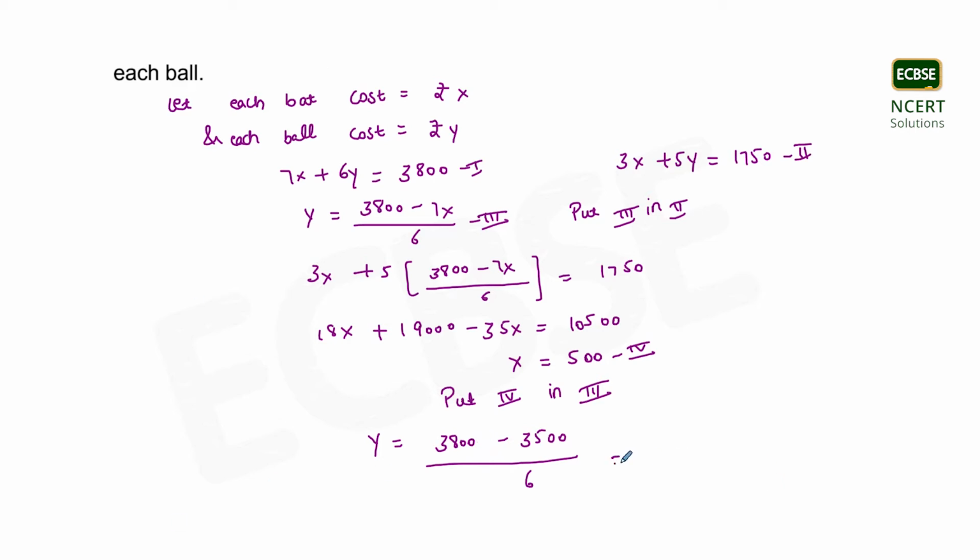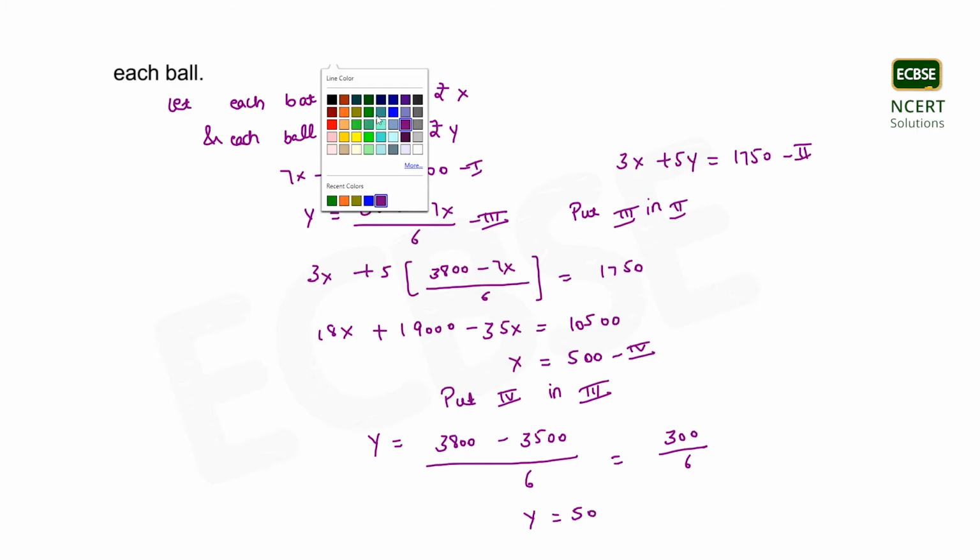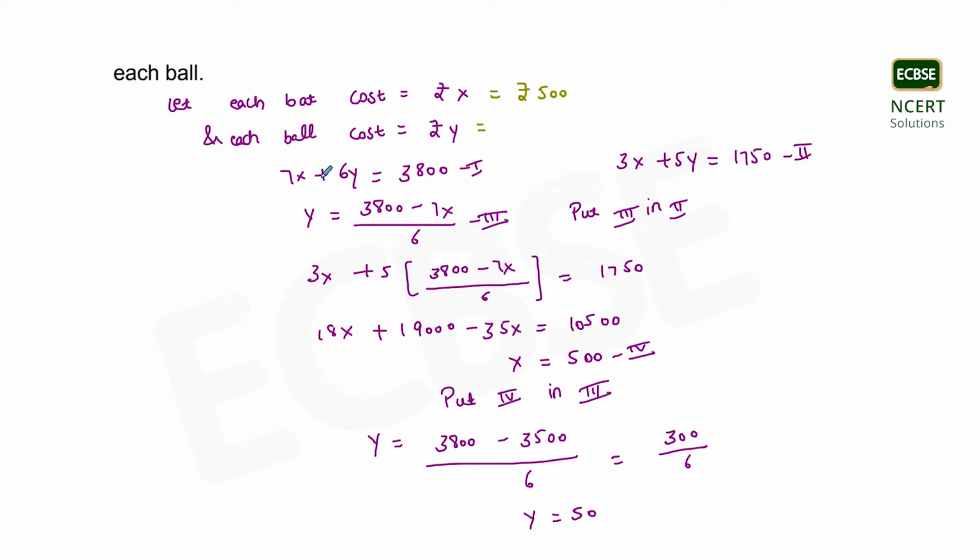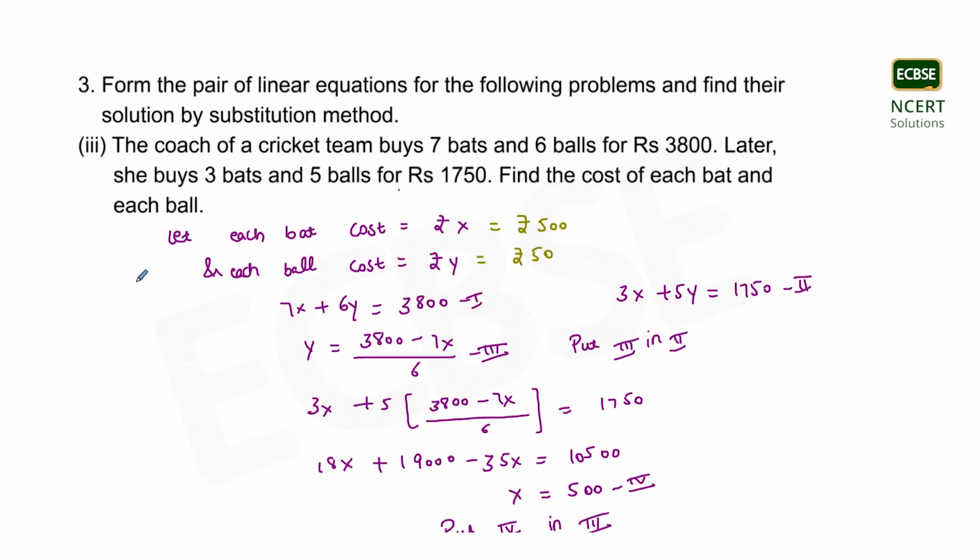So 3,800 minus 3,500 comes out to be equal to 300 divided by 6, where y comes out to be equal to 50. Means the cost of each bat is rupees 500 and the cost of each ball is rupees 50. Okay, so this was about question 3rd.